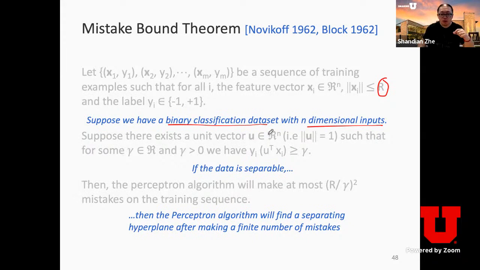And second, if the data is linearly separable, then the perceptron algorithm will find a separating hyperplane after making a finite number of mistakes. That's the high-level idea that the Novikoff bound delivers to us. And this finite number is upper bounded by the square of R over gamma.